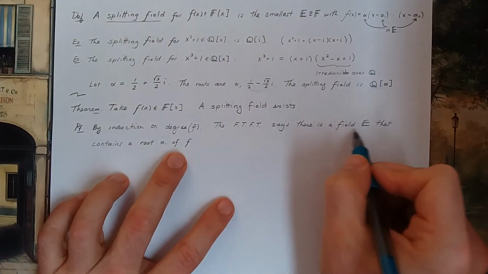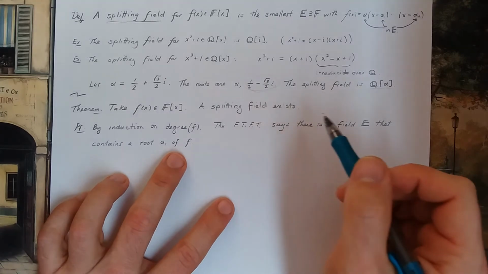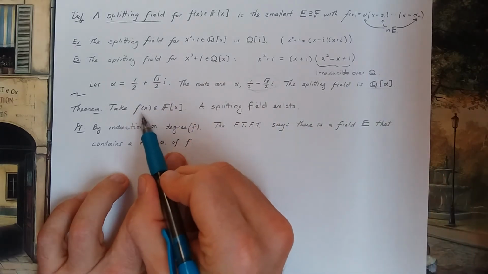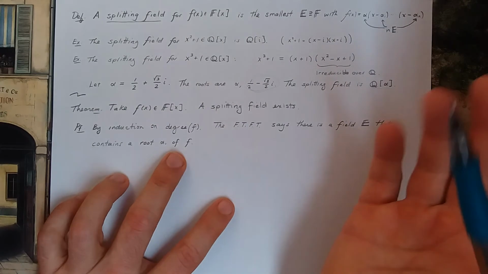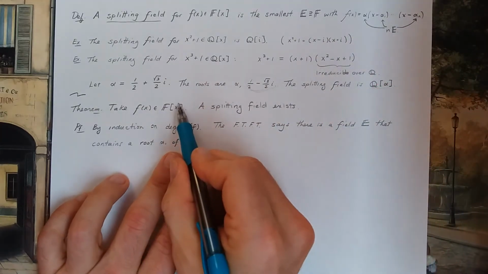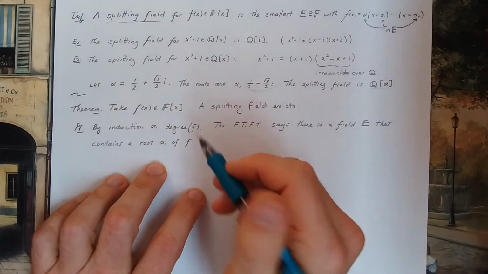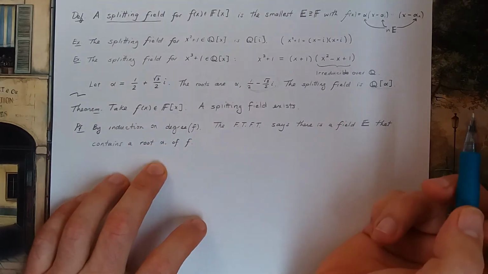This was the field that we got by finding an irreducible polynomial that divides f and then looking at the factor ring of polynomials modded out by the ideal generated by that irreducible polynomial.